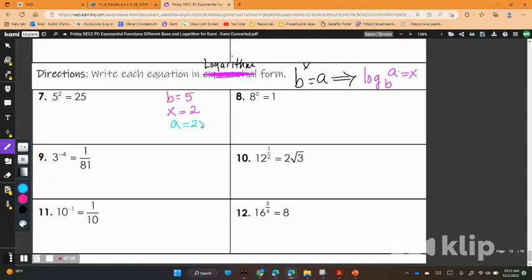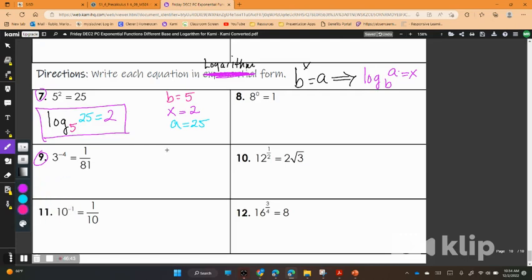And I've got my a equals 25. So now I'm going to write log base b, log base 5 of 25 equals 2. Okay, that looks more correct.